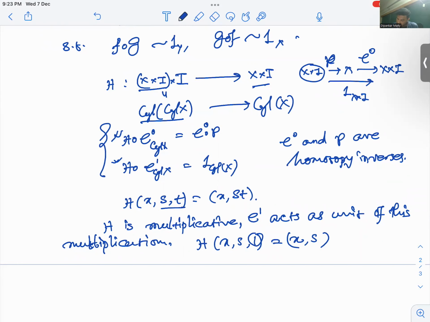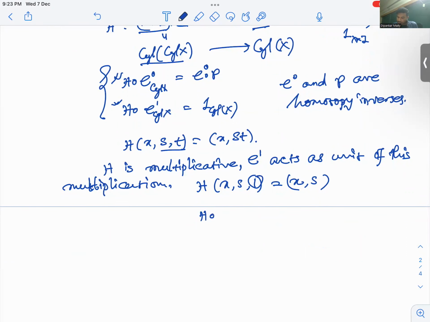This is saying that H composed with the cylinder of E1, and H composed with E1 of the cylinder of X, satisfy that condition.